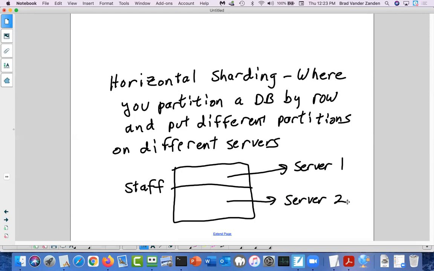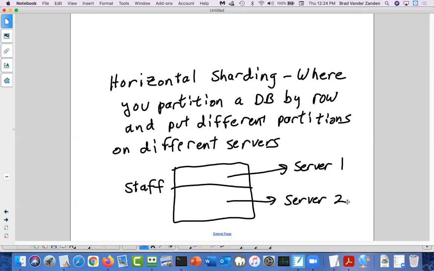That was true, but the folks who implemented relational databases quickly figured out they could use horizontal sharding as well.